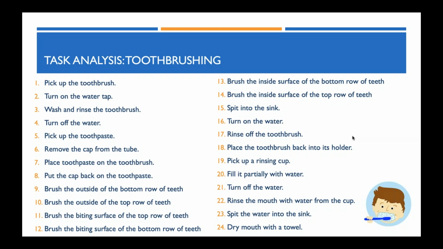So you don't necessarily need to teach every single step. They might be able to learn when you're prompting them through it. They might pick up some steps here and there. It's helpful when you're repeating it over and over.